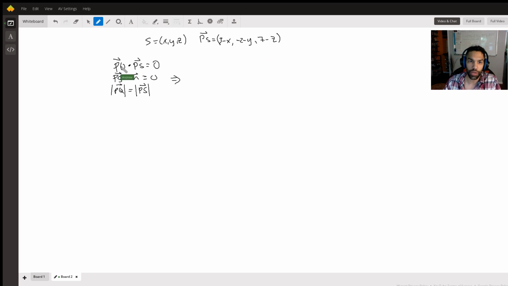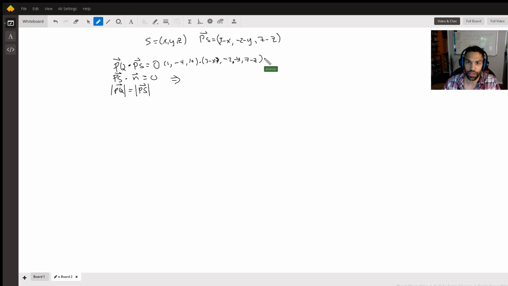So when we do the dot product of PQ and PS, we end up getting the dot product of 1, negative 4, 10, dotted with 3 minus x, negative 2 minus y, and 7 minus z.